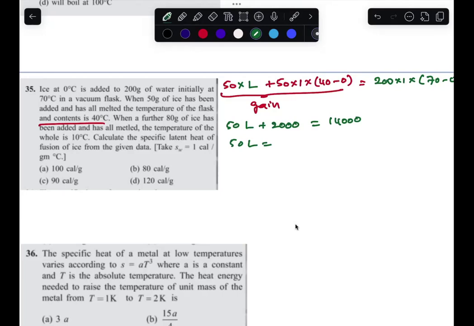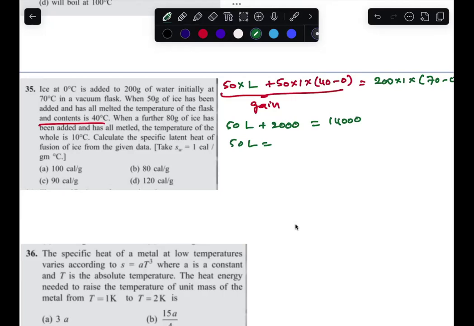That part I have written. 50 into 40. Heat lost by water as it cools from 70 to 40. This is 70 to 40, so I should be careful in such calculations. It says 6,000, which allows 50L.